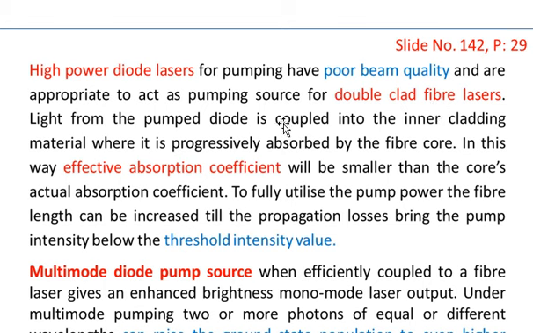Light from the pump diode is coupled into the inner cladding material, where it is progressively absorbed by the fiber core. In this way, the effective absorption coefficient will be smaller than the core's actual absorption coefficient.